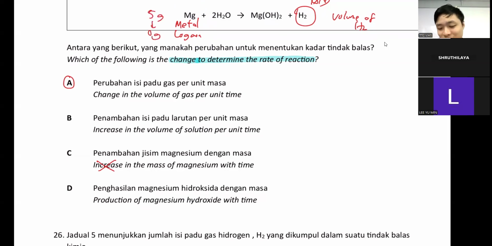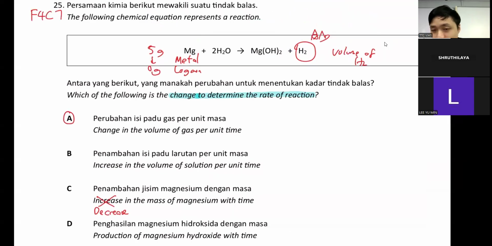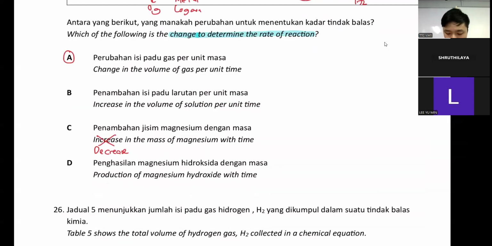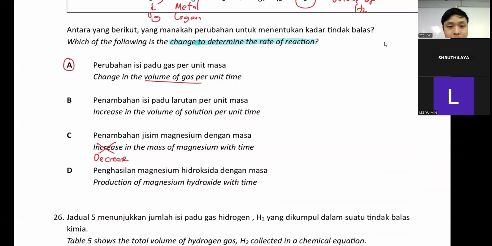Do you think it is increase or decrease? Decrease. You can use two things to measure: the decrease of mass of the reactant, or the most common one, the increase in the volume of H2 or Cl2. So normally you measure the volume of gas.